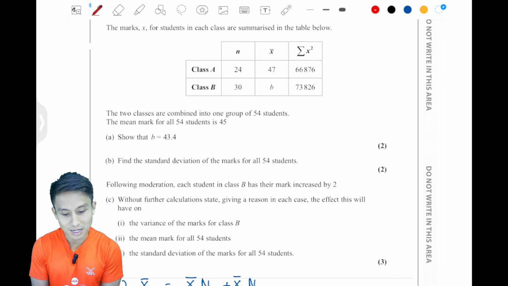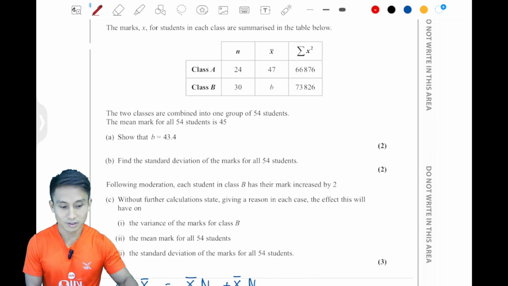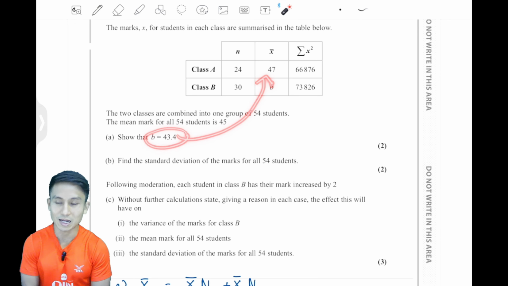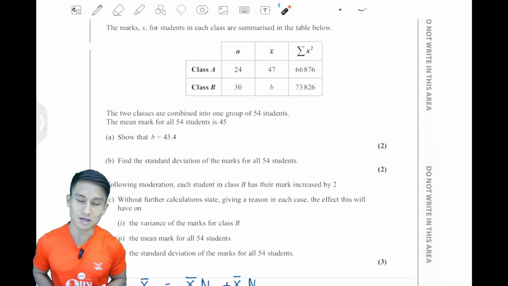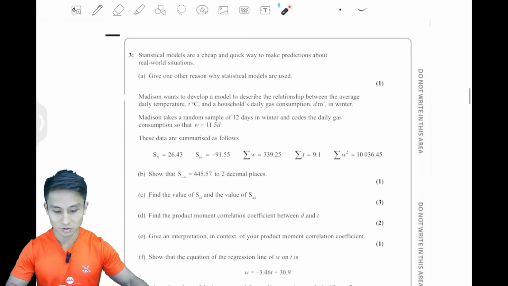At first class B has a mean of 43, and when you increase that by 2, it gets to be 45.4. So when you increase by 2, this will be closer to the mean of class A. When the two groups are closer to each other, the standard deviation decreases. Basically just that. So that's number 2 there.